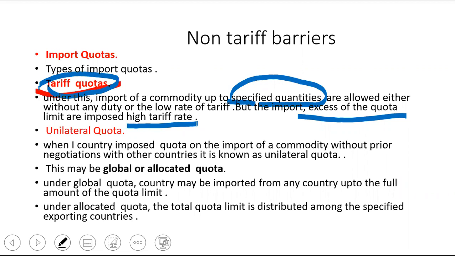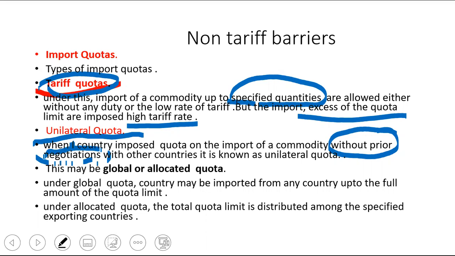Then we are talking about unilateral quota. ये देखिए. What is unilateral quota? When a country imposed quota on the import of a commodity, without prior negotiation, it is known as unilateral quota.